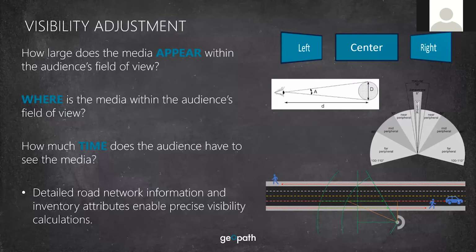With this new precise information of understanding where the inventory is and the detailed road network, every single separated highway, every single highway ramp, we can now understand which road segments are visible by those vehicular audiences and or those pedestrian audiences.